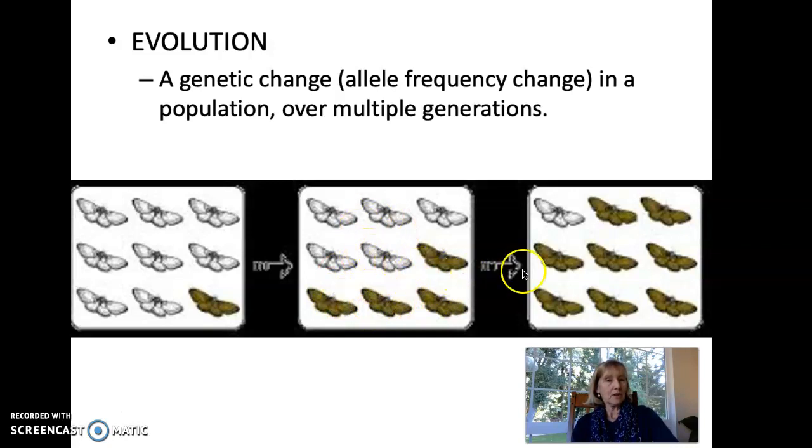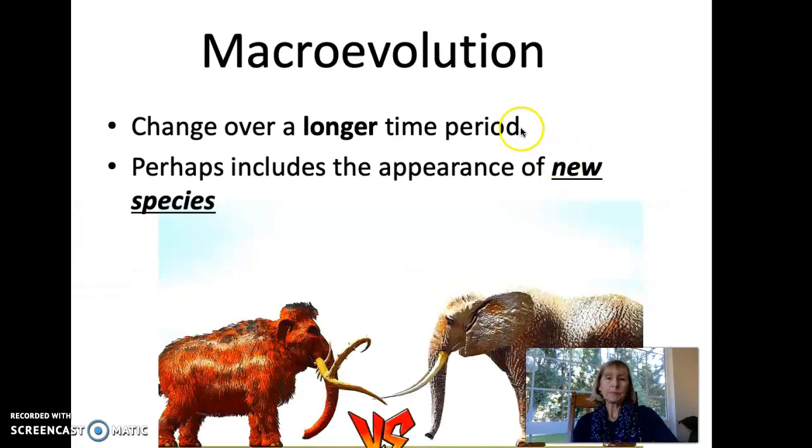And that continues on until there's a shift that you see over time, where most of the moths are going to be the dark ones because those are the ones that get to live, survive, leave offspring, and they're all going to look genetically like those parents. So that is a genetic change, an allele frequency change. We talked about chromosomes having 2 alleles, and let's go back to that in a little bit.